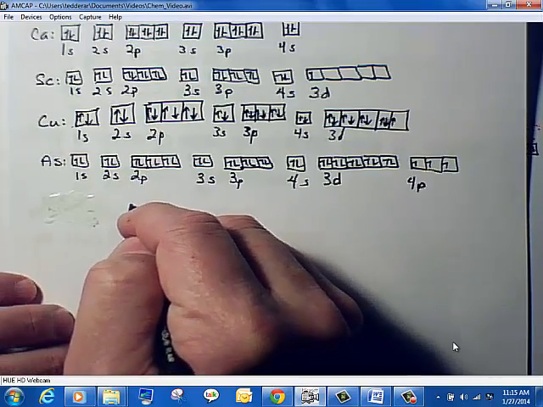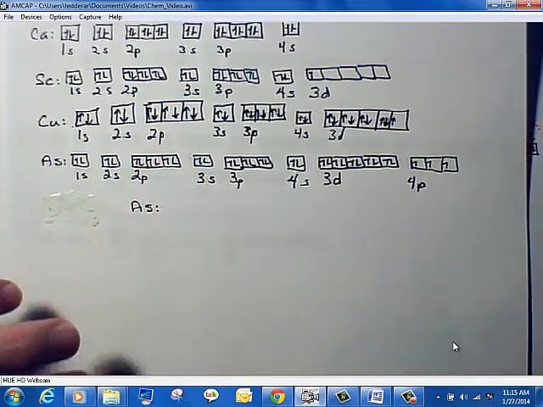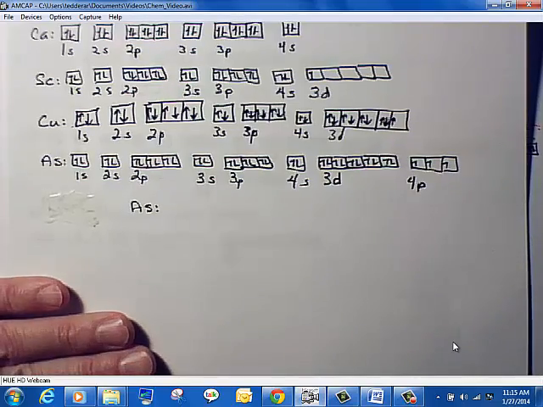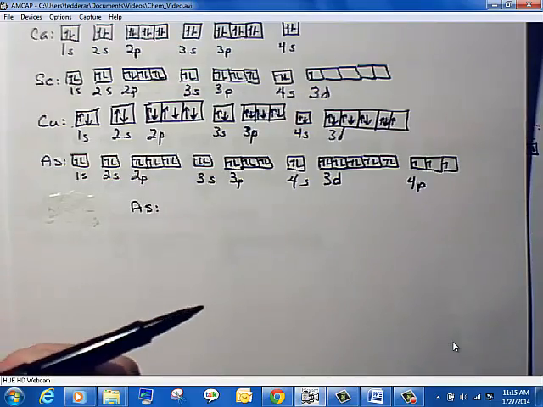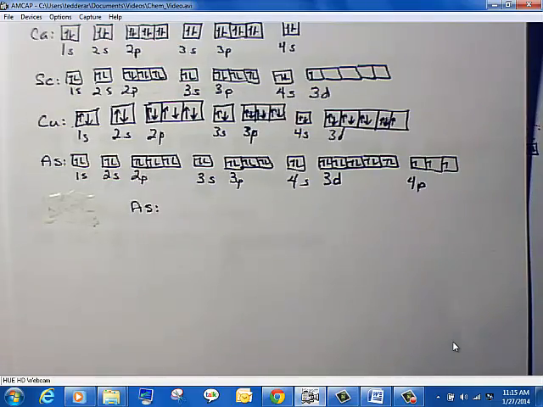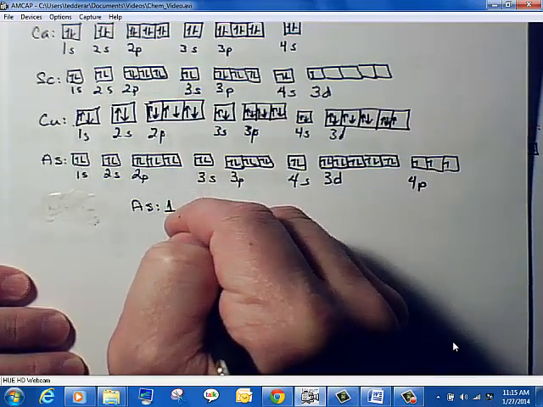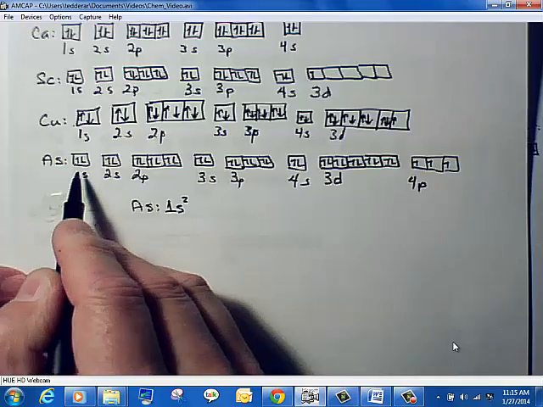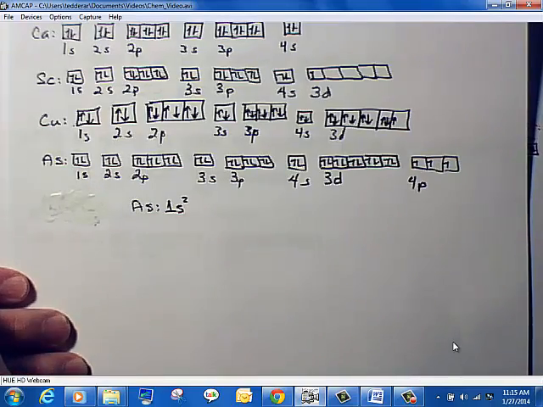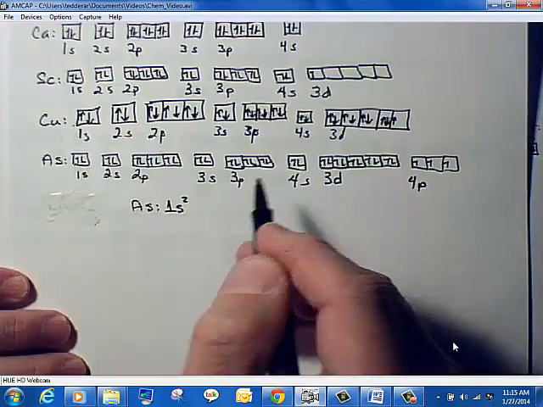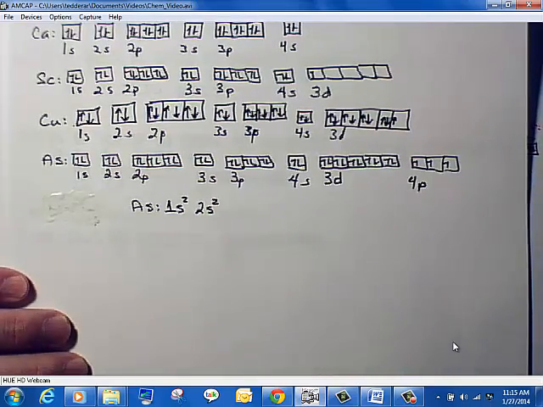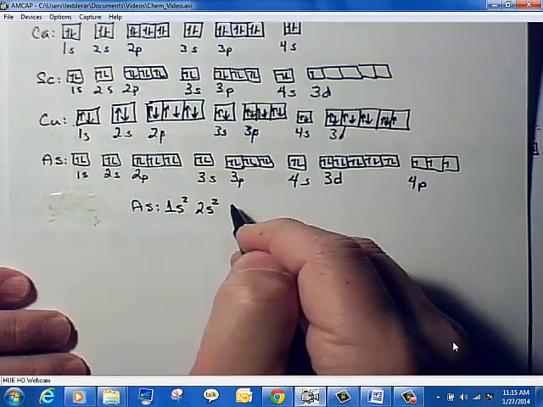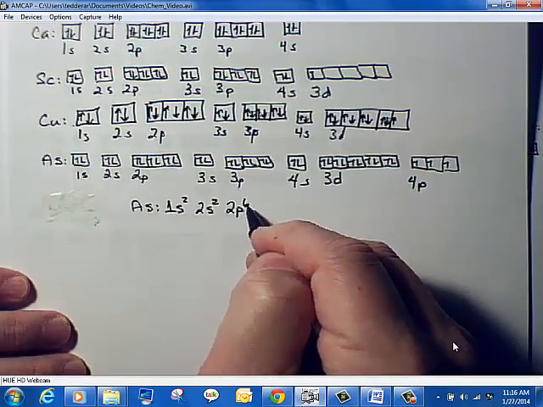But here's how you do electron configurations. You write the symbol again for arsenic and a colon. And instead of writing 1S and the box and the arrows, you write 1S and count the arrows, and that becomes a superscript. So it says 1s2 because there are 2 electrons in that S sublevel. And for 2S, it's 2s2. For 2P, it's 2p6.